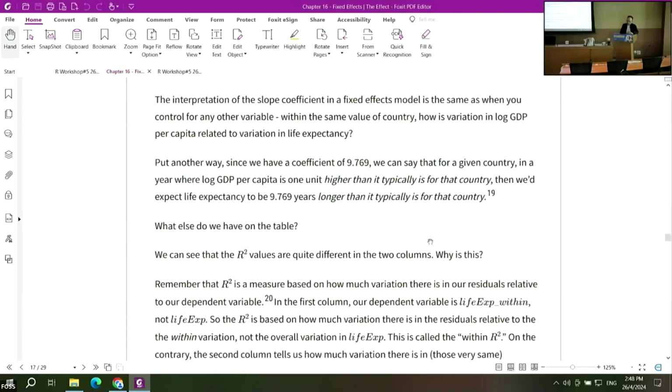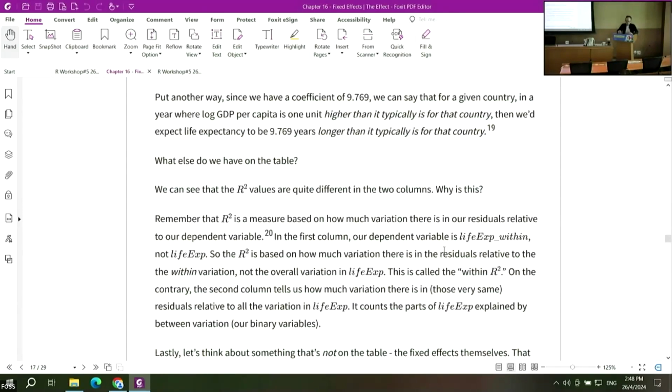You can see that the R-squared value is quite different in the two columns. Why is that? Because the R-squared is a measure based on how much variation there is in our residual relative to our independent variables. In the first column, when our dependent variable is just within life expectancy, the R-squared is based on how much variation there is relative to the within variation, not the overall variation of life expectancy in general.